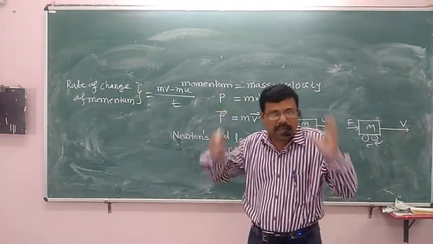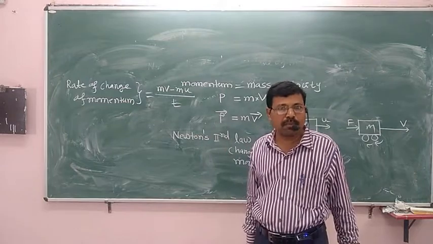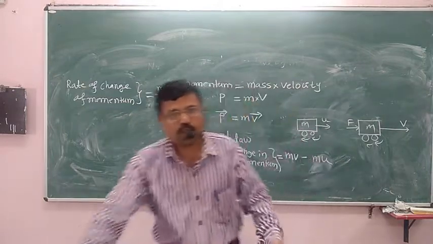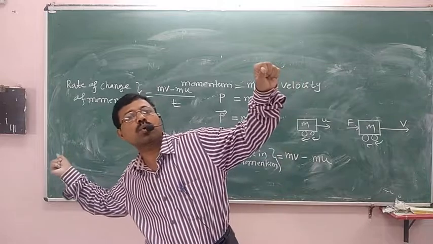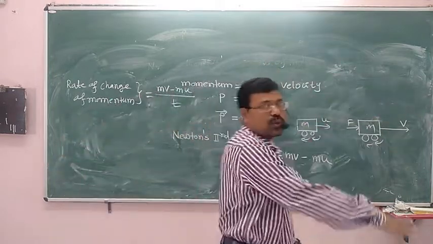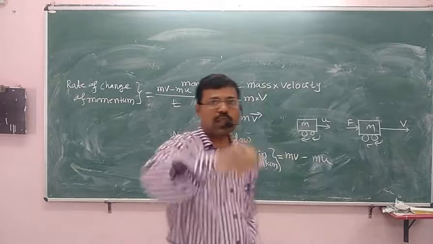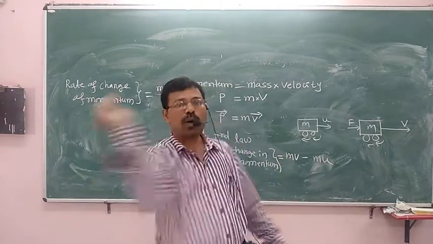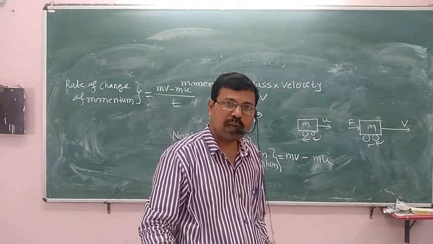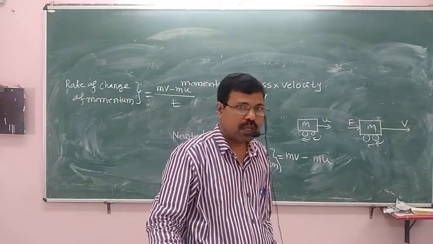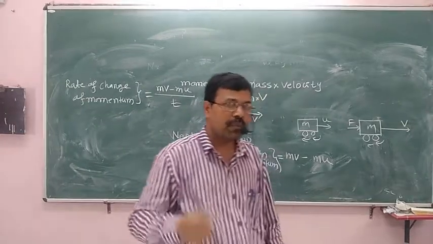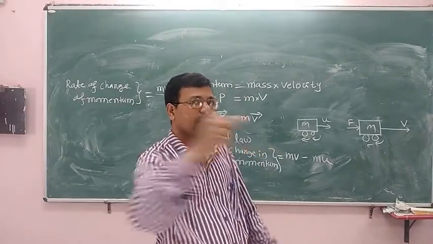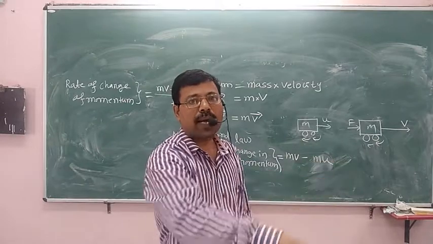So the rate of change of momentum of the body depends on force. Suppose if I apply a larger force on a stone, there will be a larger momentum. If I apply a smaller force, there will be a smaller momentum. So momentum of the body depends on the force applied on the body.